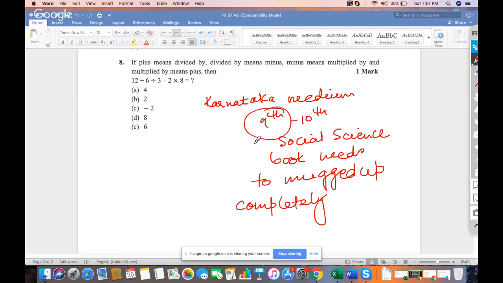Start with ninth and then go to 10th. Nearly 300 pages in total are there that you need to mug up.